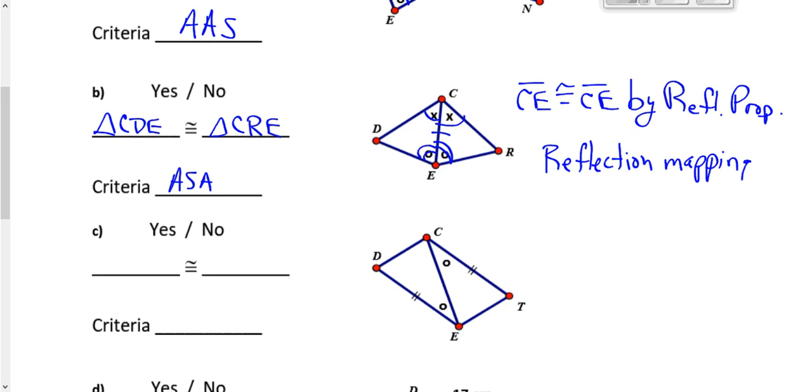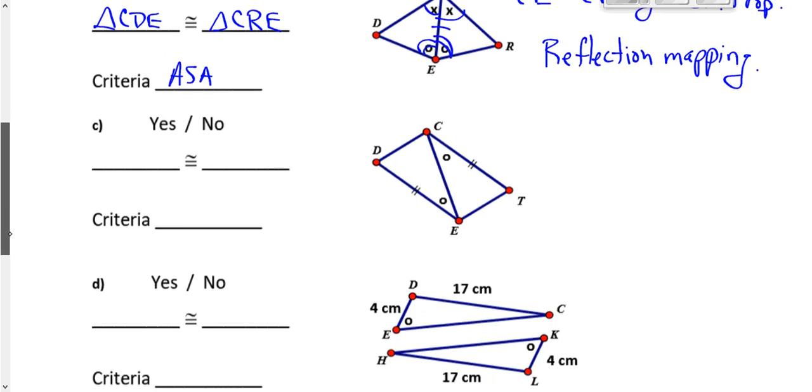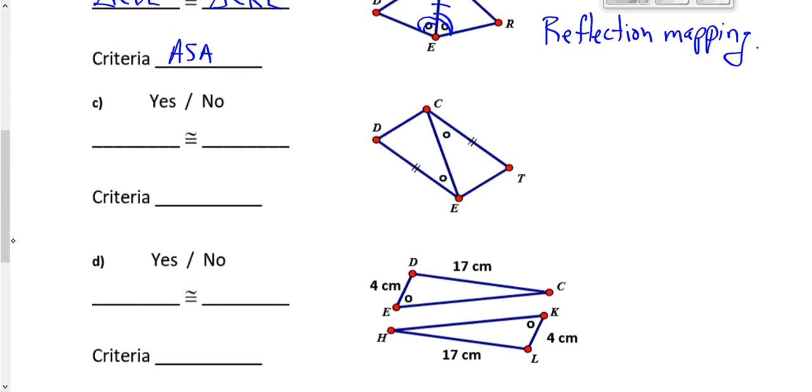See how we're connecting this stuff now? How about in C? Is that a yes or no? That's congruent to that. Side. Yes, by the reflexive property.